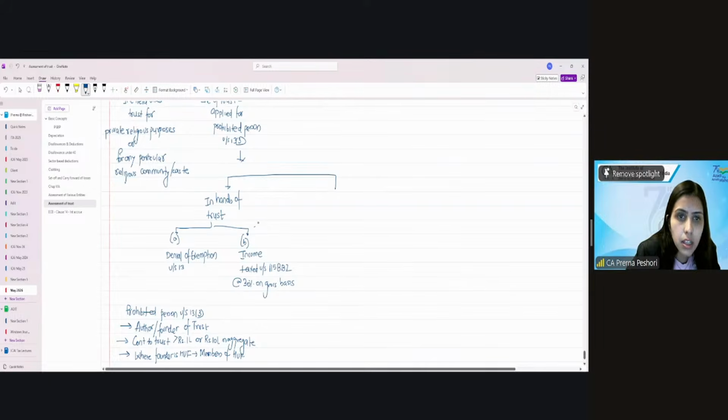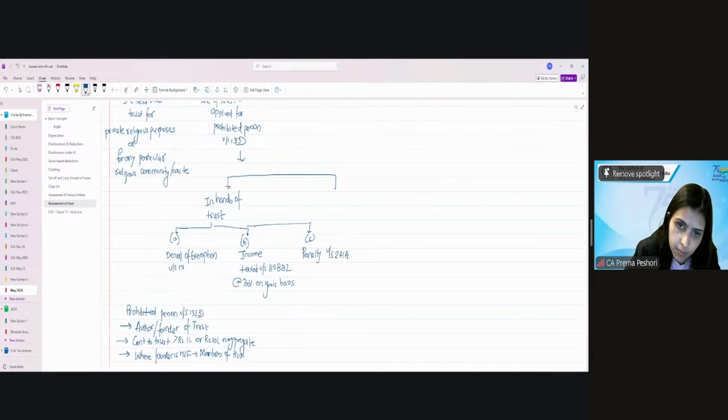Plus, there will be a penalty under section 271 AAE. So when the trust gives the payment or utilizes the income for the benefit of the specified person, that is considered as the prohibited use.